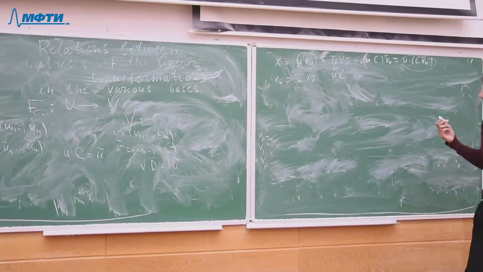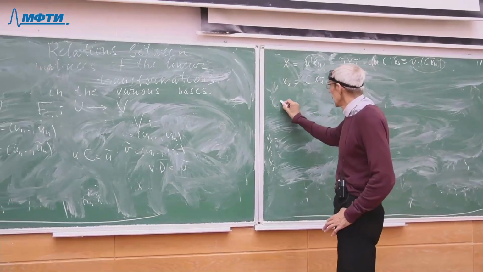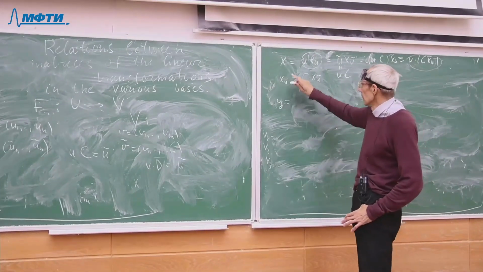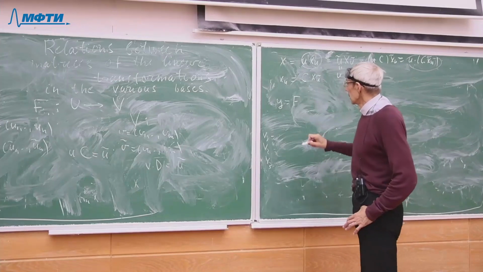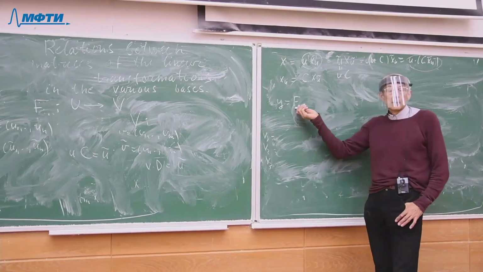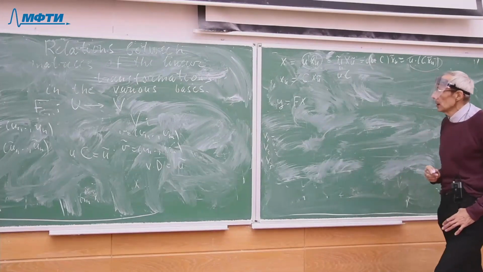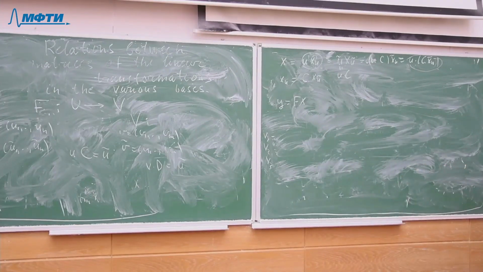Let Y be the image of X under the linear transformation F. Y is equal to F x.